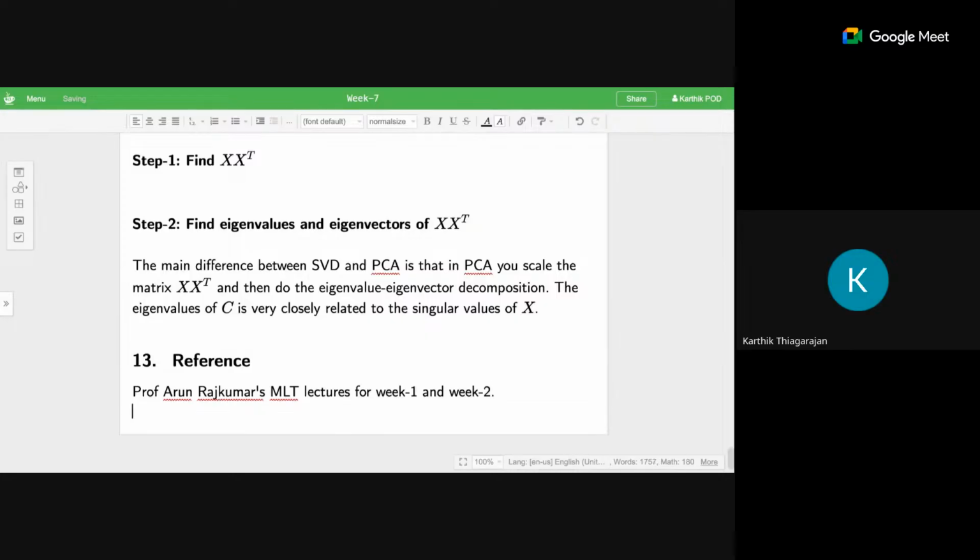Please go through this. Whatever we discussed yesterday and today is all there in week 1, starting from the PCA part, because week 1 will also have an introduction to machine learning, which you can skip.